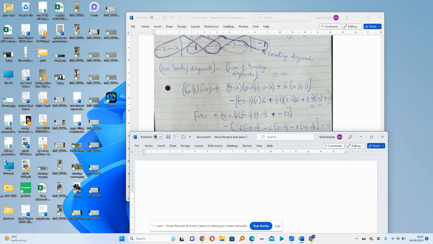In the other diagonal, the trailing diagonal, I have multiplied this to get 6 times 3 lambda, negative lambda. Then I have subtracted because -1 multiplied by 6 gives you -6, and that multiplies there to give you that. And of course, this is -8, and that is okay.